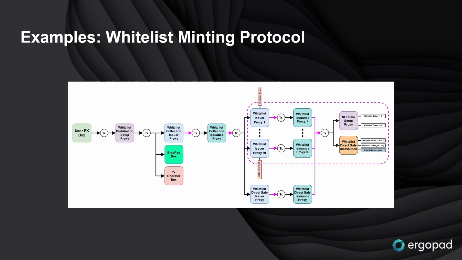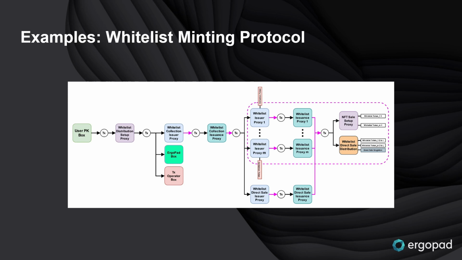The issuance box will contain the tokens whose ID is the ID of the first input box in the transaction. And then after these collection tokens are minted, we then mint the whitelist tokens.